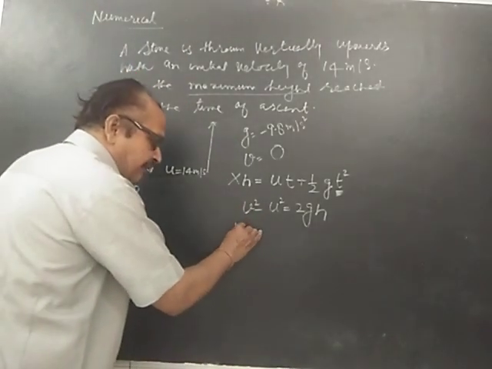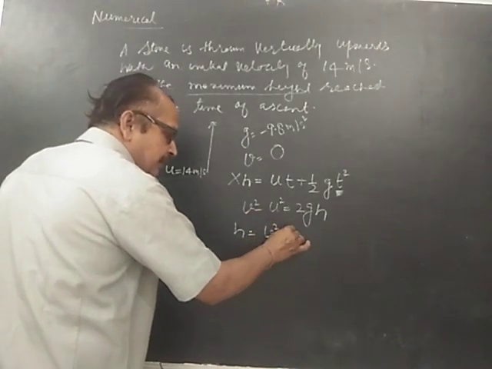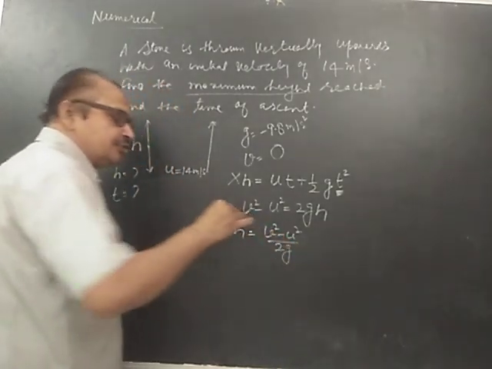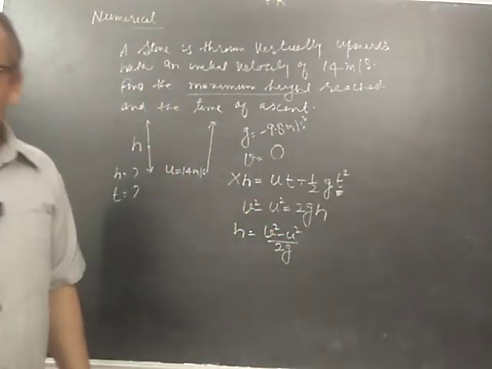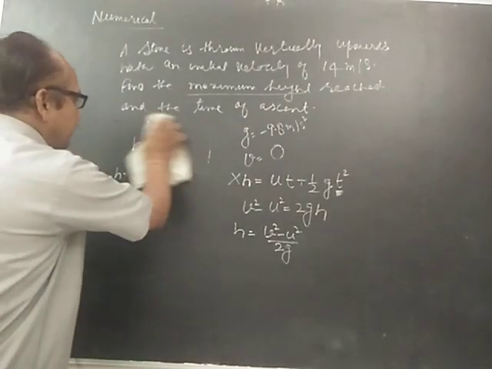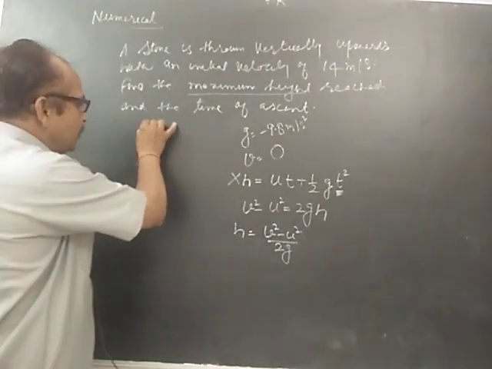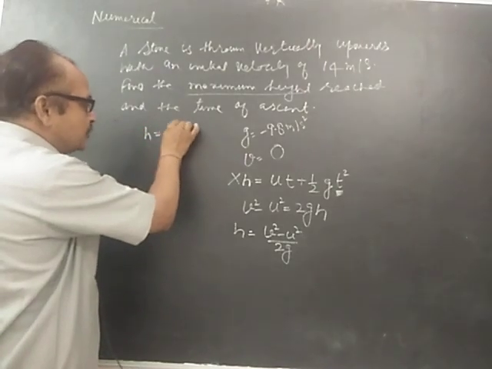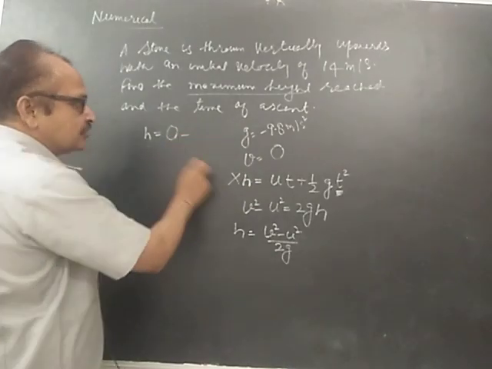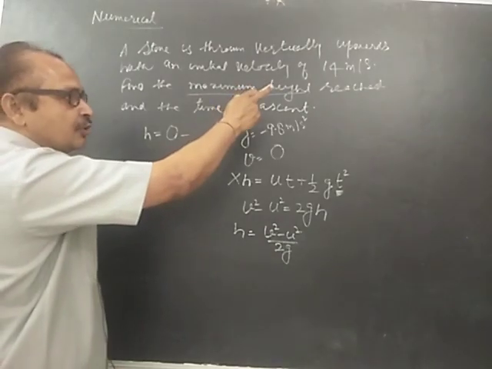So first of all I will get h from here, and h will be v square minus u square over 2g. Is it clear? Try to substitute the values of whatever information you have here, and let us see what happens. So h becomes v square, because v is 0, minus u square. U is 14 meters per second, it is given to you.